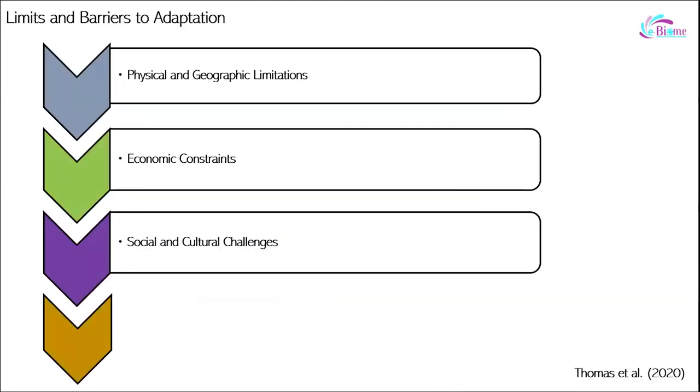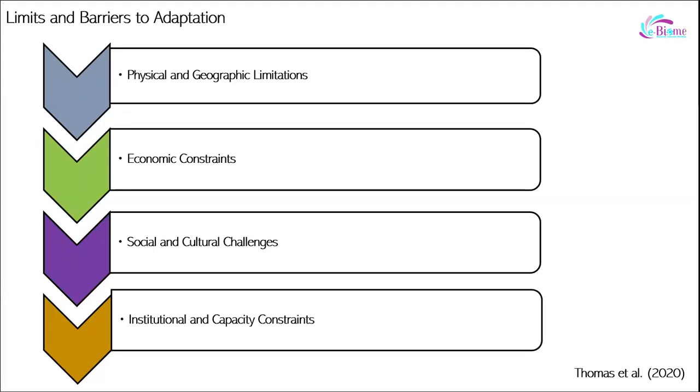When we look at the various limits and barriers, it is important to note that limits are what we call factors that inherently constrain the scope, effectiveness, or extent of adaptation strategies. And they're oftentimes unalterable, or they require significant effort and resources to change.